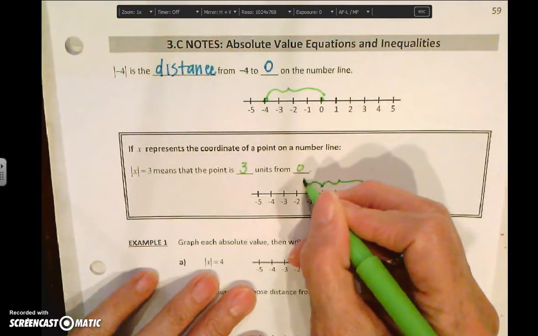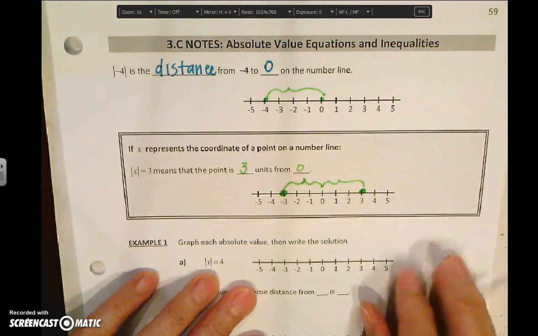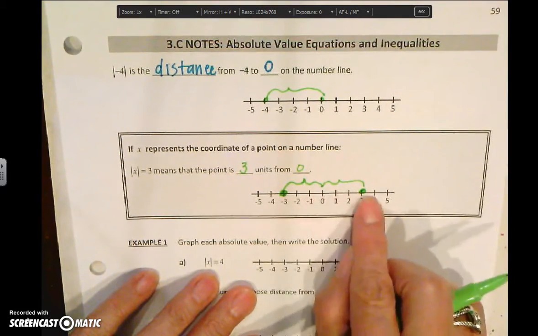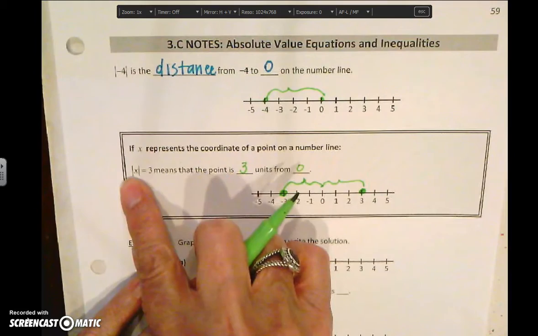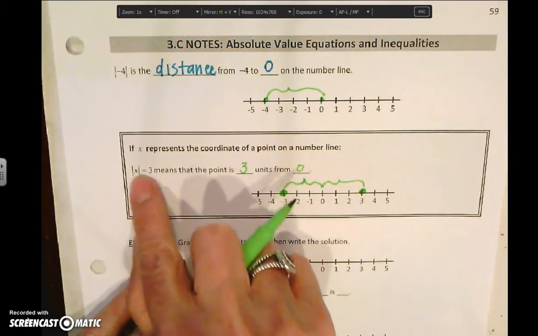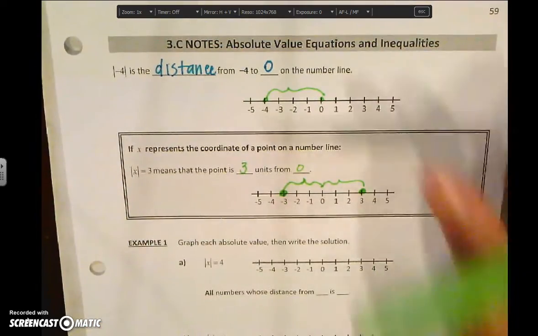Or it could also be 1, 2, 3, this direction, so it could be -3. So there are two answers, either the 3 or the -3. The absolute value of x is 3: if I put a -3 in here, it's going to be 3, and a +3 would also give me a 3.